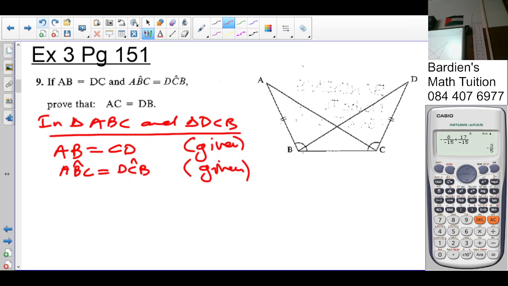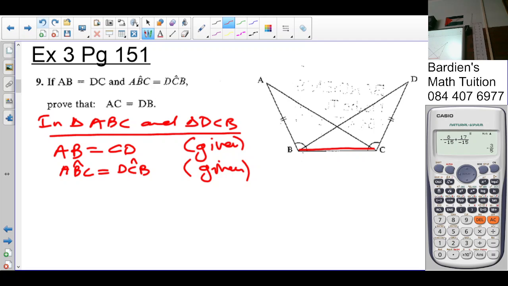Given. One more. BC is a common side. Lovely.